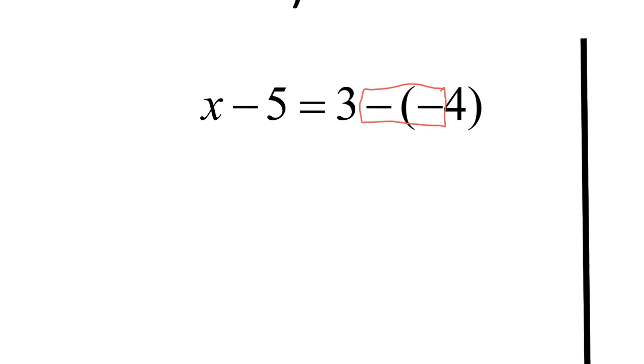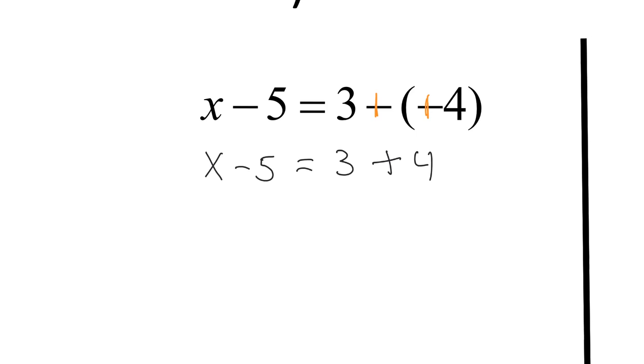So I'm just going to change that sign. Let me just delete this box here. And the plus right here, and the plus right here. So when I rewrite the equation, I'm going to have x minus 5 equals 3 plus 4.